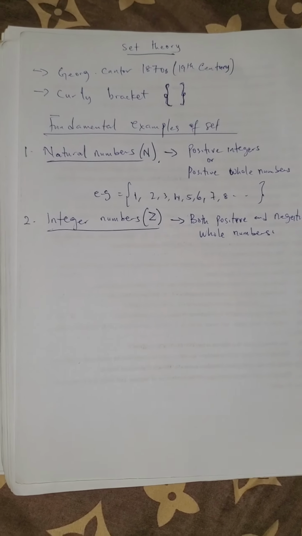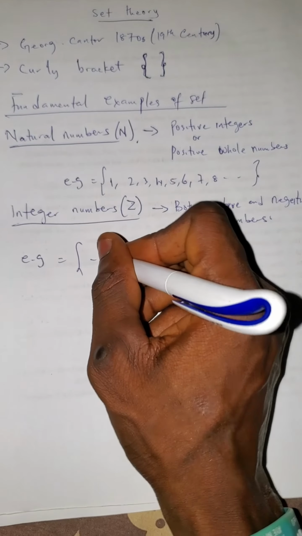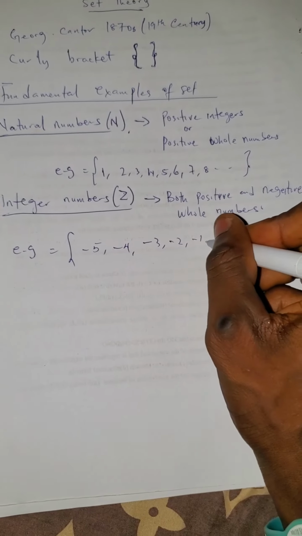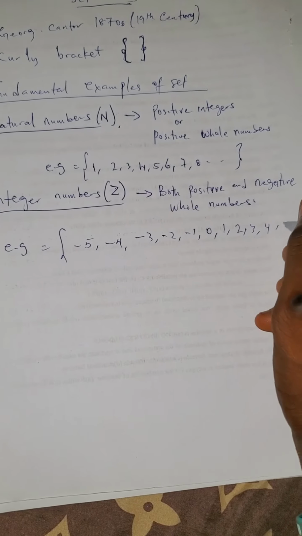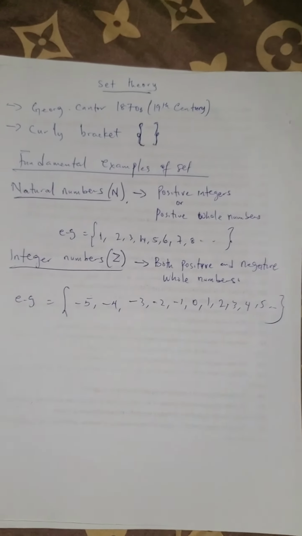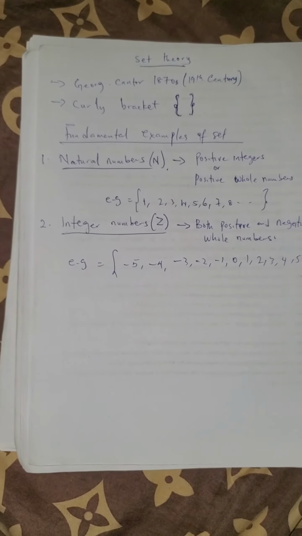For instance, I have -5, -4, -3, -2, -1, 0, 1, 2, 3, 4, 5, etc. So the integer numbers are both positive and negative whole numbers.